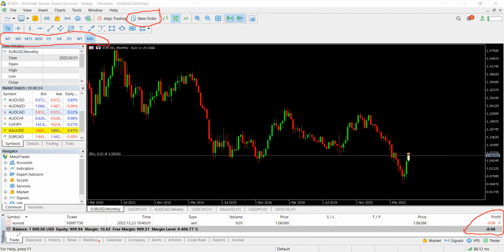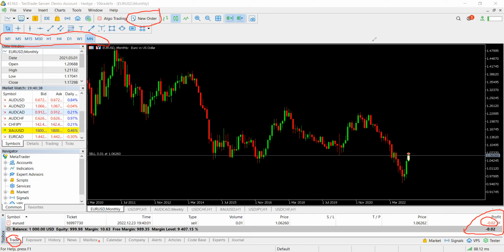Under the Trade tab, you see your trade, everything about your trade, how much you are currently in profit or loss. If you're in a loss, you see it in red. If you're in a profit, you see it in blue. All right, so this is how you open a buy or sell trade.